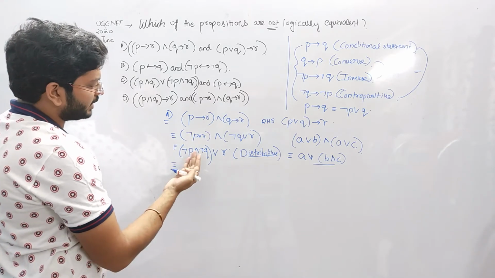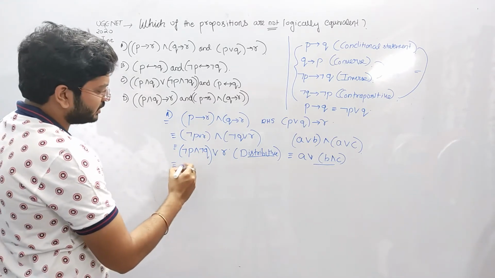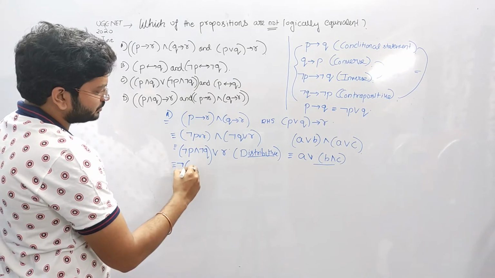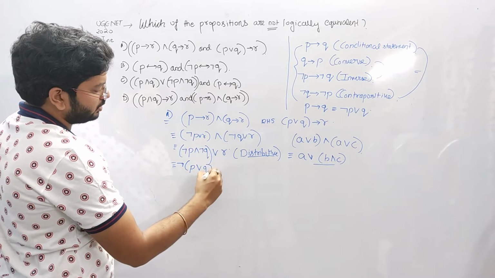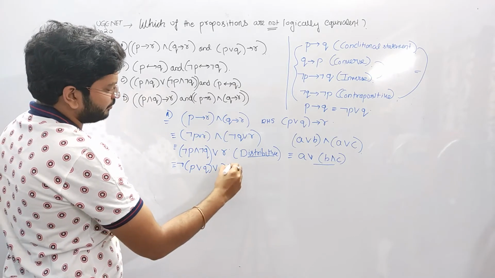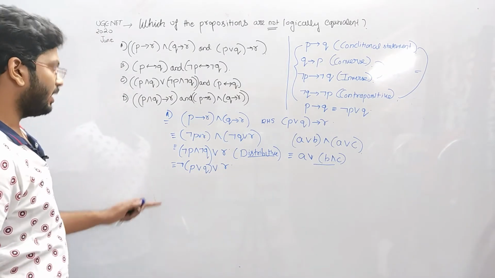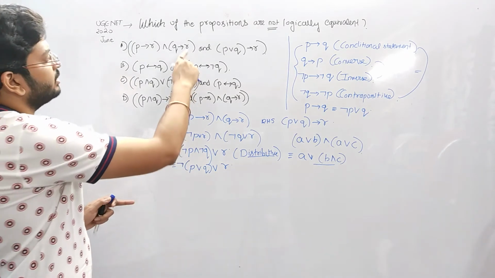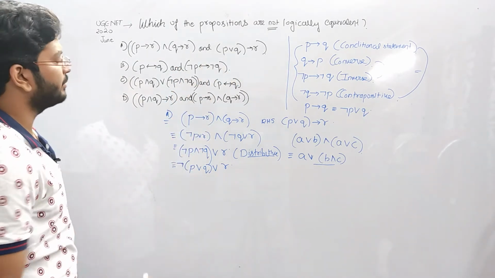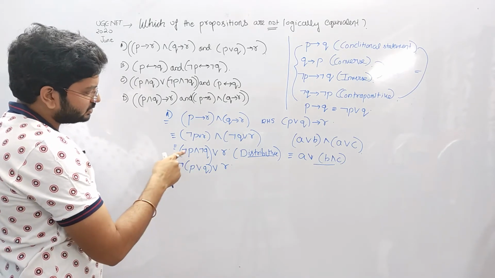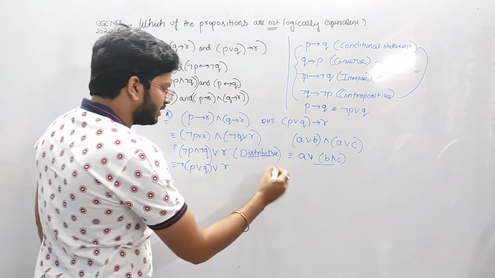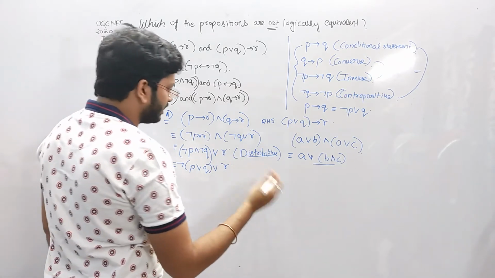Now I am simply taking the negation out. Okay, simply taking the negation out, then it will be P or Q or R. Okay, now I have taken the negation out. I am comparing this one with this one. While taking the negation out, it is simply the application of De Morgan's law.